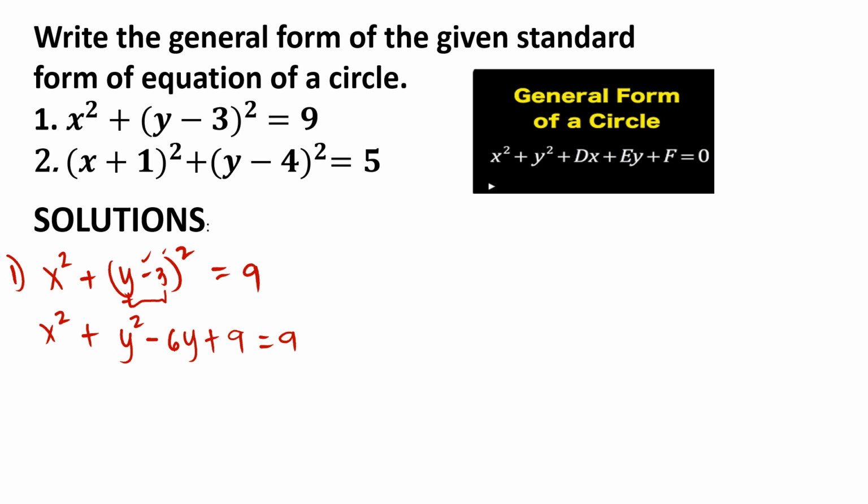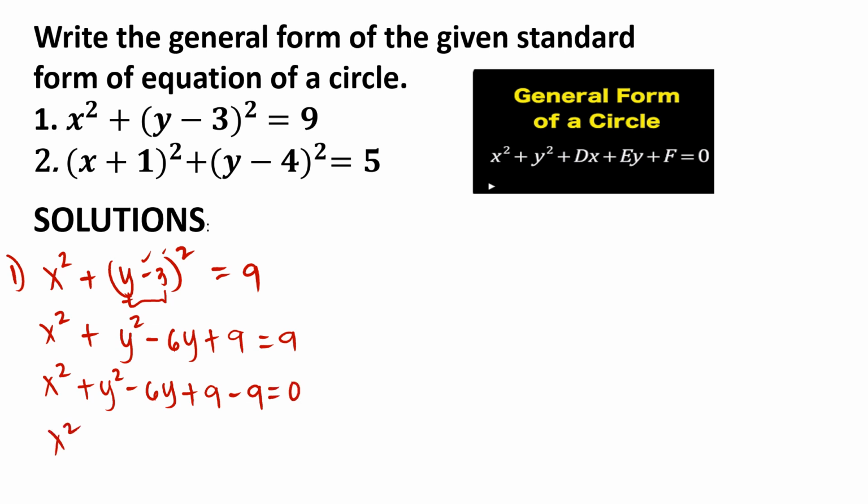And now we are going to adjust them into the notation of the general form. So we are going to write the x squared followed by the y squared, and since the dx, the linear term in x, there's none, we go directly to the ey, or the linear term of y, which is minus 6y, and then the f refers to the constant, so we rewrite the 9 there, and that 9 on the right will be transposed, and this will be equal to 0.